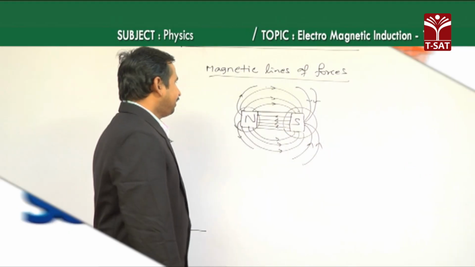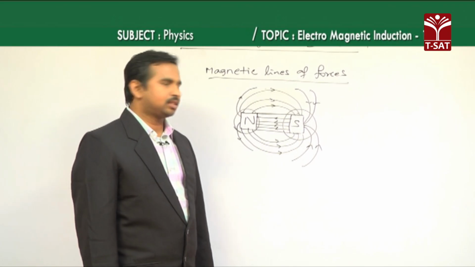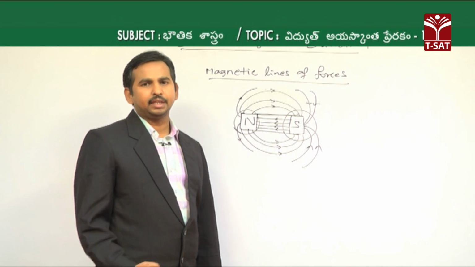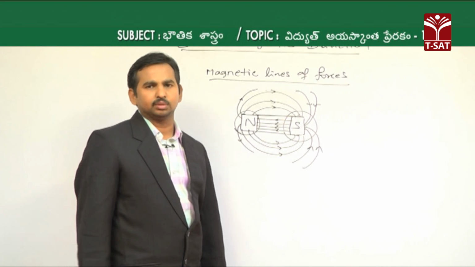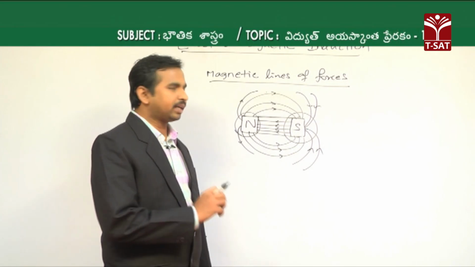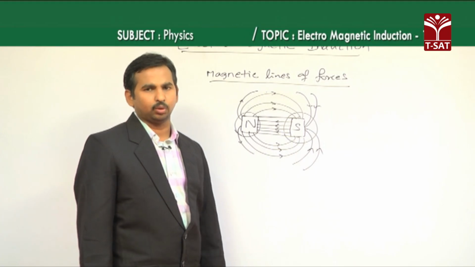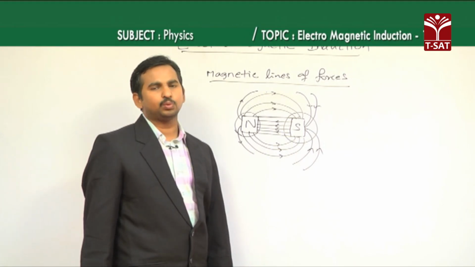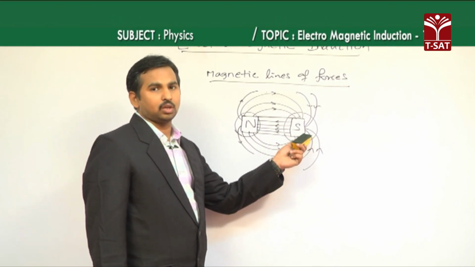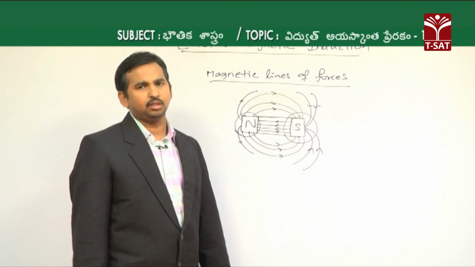The definition of the pole of a magnet is the region or point where the magnetic field strength is maximum. As the strength is more at that point, the number of magnetic lines is concentrated there. Those we call the poles of the magnet.